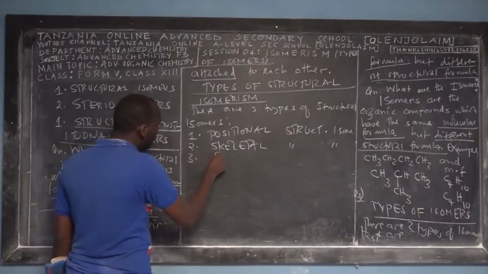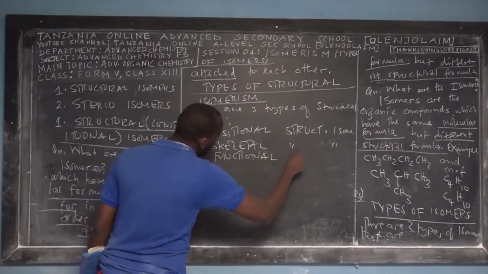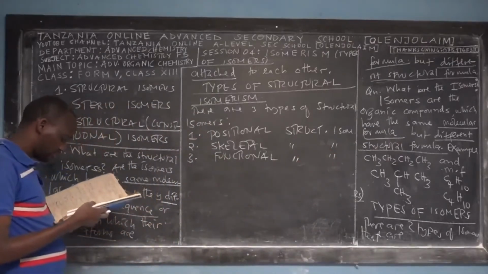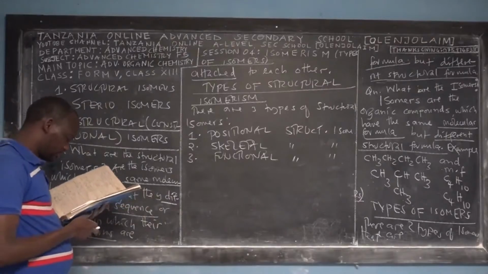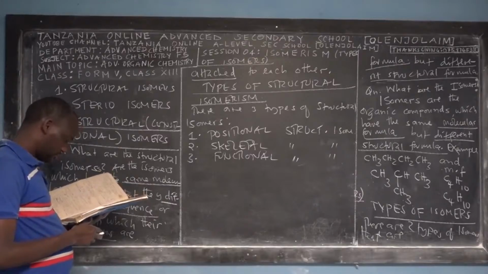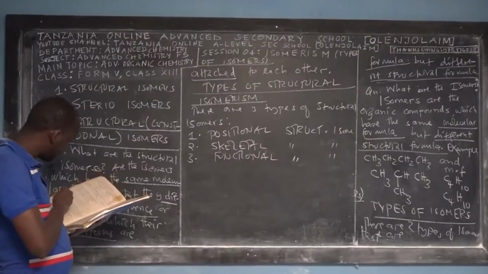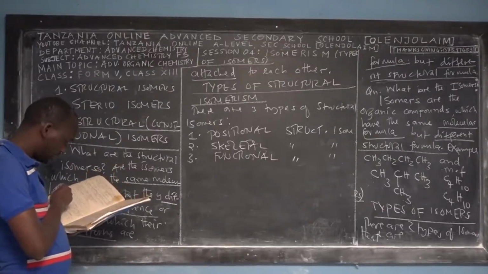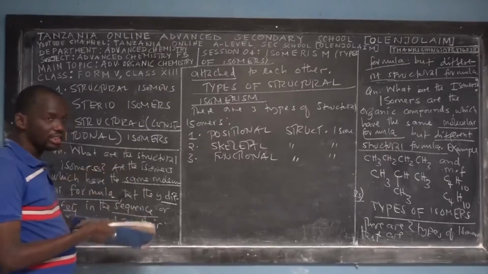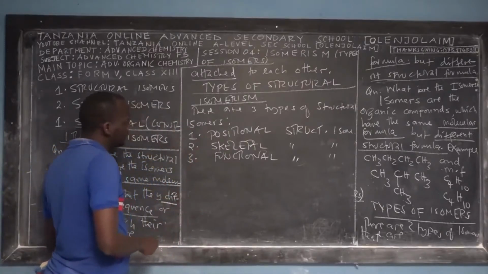The third one is called the functional structural isomer. Those are the three types of structural isomer. Let us learn at least two, and the rest I will leave as homework for you. Let us take a look at the first one.